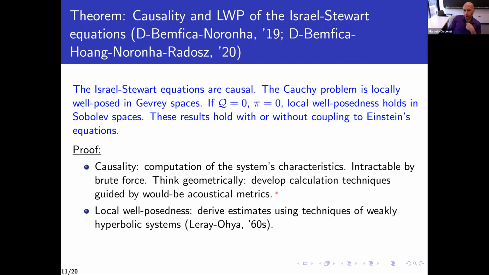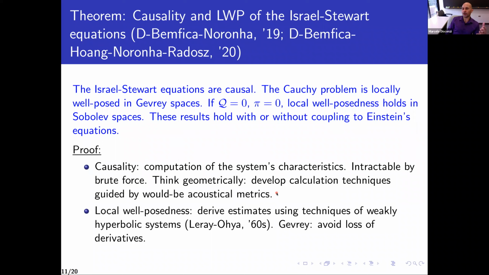Now, for local well-posedness, what we do, we derive estimates using techniques of weakly hyperbolic systems. These are techniques that go back to the celebrated work of Leray and Ohya in the 60s. And here is where we have to use Gevrey spaces. We have to use Gevrey spaces to avoid loss of derivatives. The reason we have to do this is because, unfortunately, we were able to show only that these equations are weakly hyperbolic.